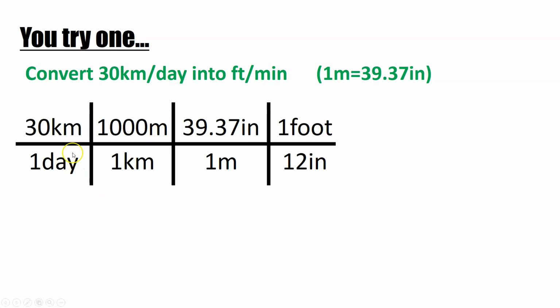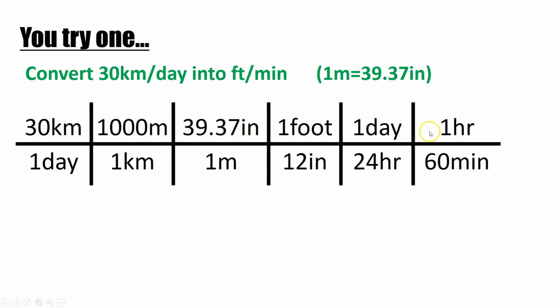Okay, so now let's worry about the days. 1 day is 24 hours. 1 hour is 60 minutes. Everything on the top multiplied together. And then I put everything on the bottom inside of one set of parentheses, multiplied together, punch it in my calculator, and I get the fact that 30 kilometers per day is the same as 68.4 feet per minute.